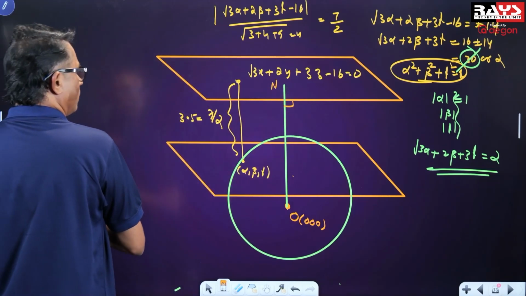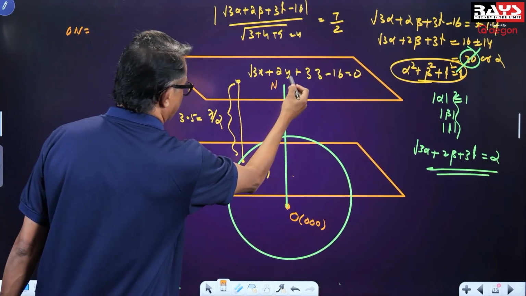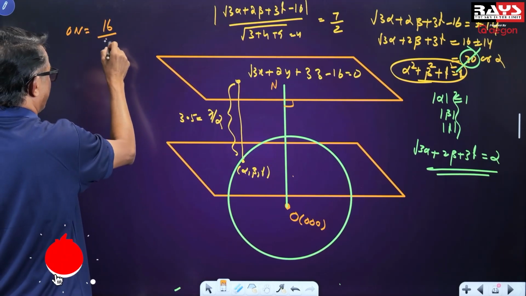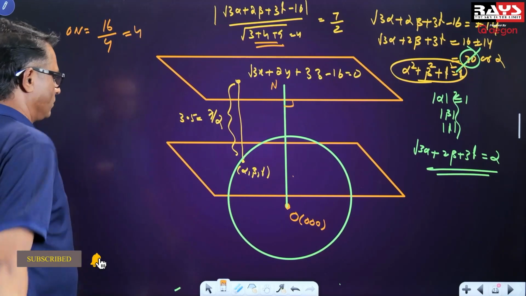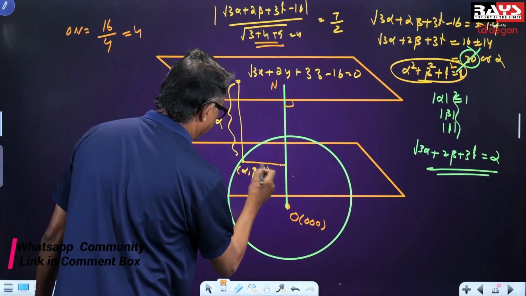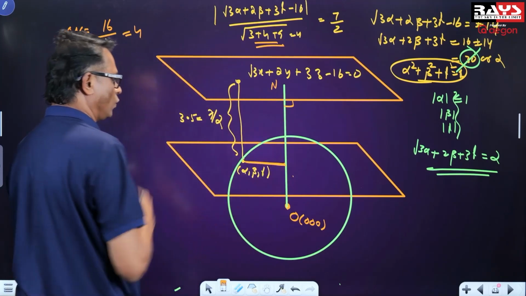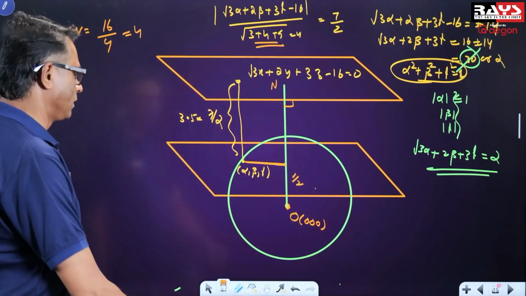ON is equal to, put 0, 0, 0 in root 3 alpha plus 2 beta plus 3 gamma minus 16, modulus, divided by the denominator 4. That is equal to 4. So this distance is 3.5, and this total distance is 4. So this should be 1 by 2.